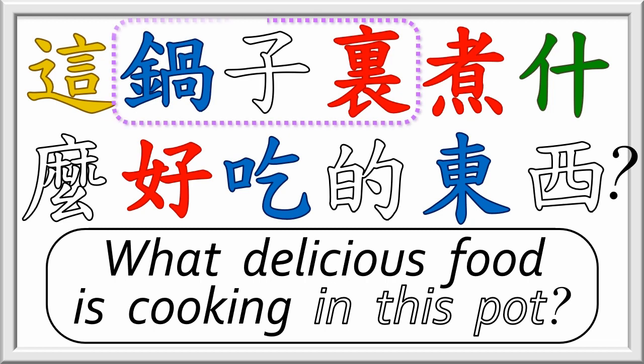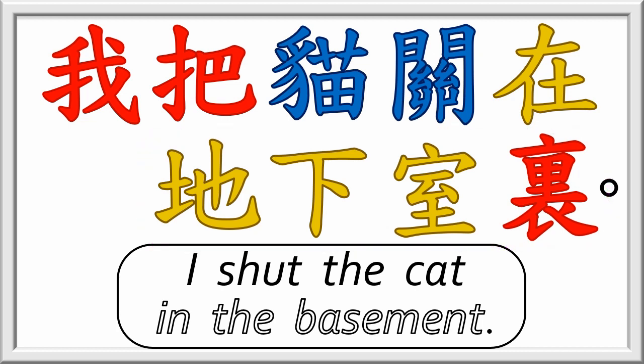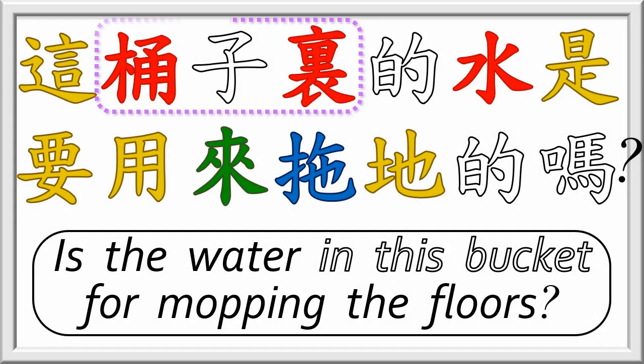这锅子里煮什么好吃的东西? What delicious food is cooking in this pot? 我把猫关在地下室里. I shut the cat in the basement. 男子把公事包从我手里抢走了. Some guy wrested the briefcase out of my hands. 这桶子里的水是要用来拖地的吗?